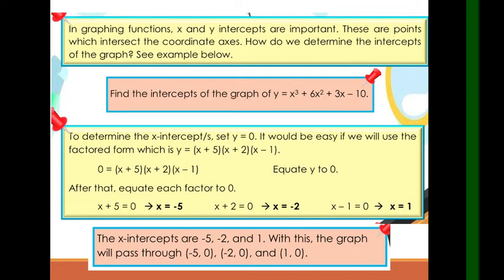Now let's have the graphing. In graphing functions, x and y intercepts are important. These are points which intersect the coordinate axes. How do we determine the intercepts of a graph? See the example below. Find the intercepts of the graph of y equals x cubed plus 6x squared plus 3x minus 10.